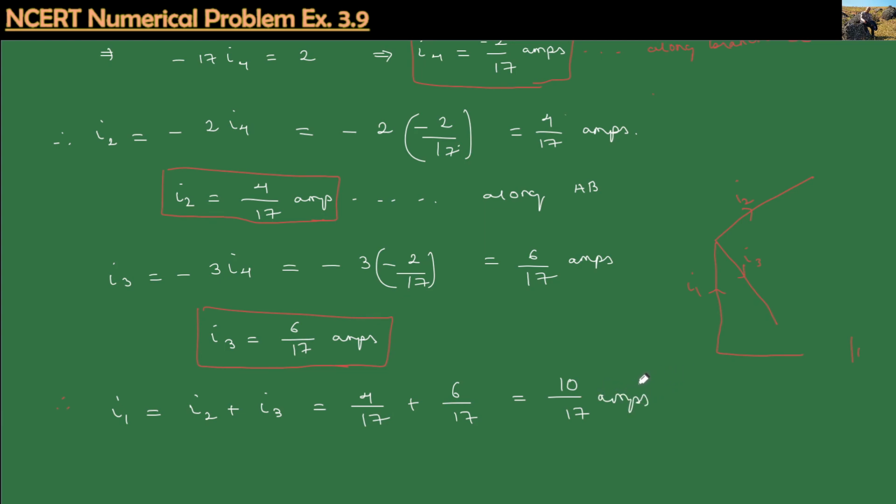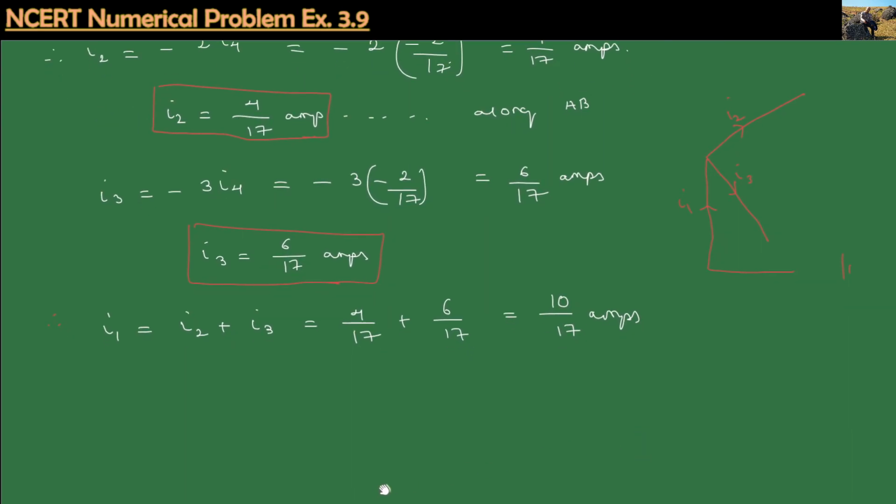This is by using Kirchhoff's current law, which means that this value of I1 will be equal to 10 divided by 17 amps. So this will be the value of I1.